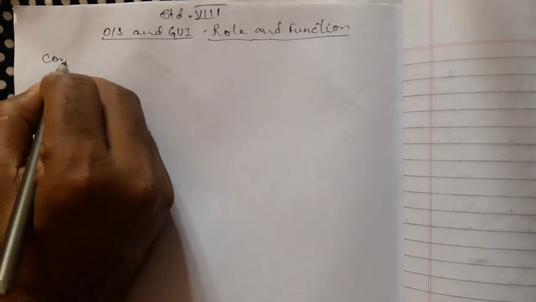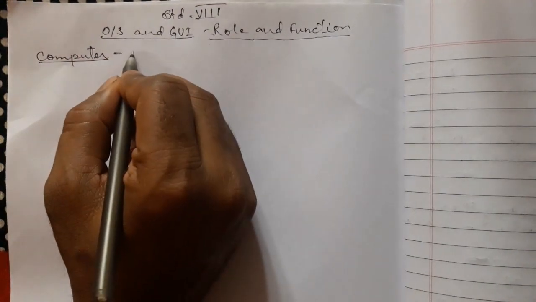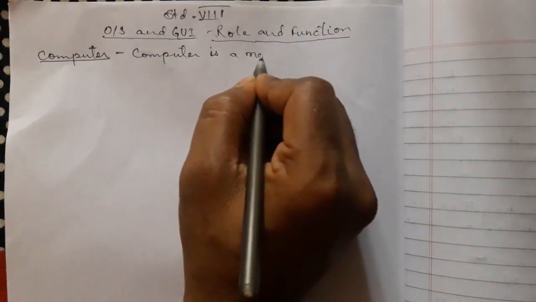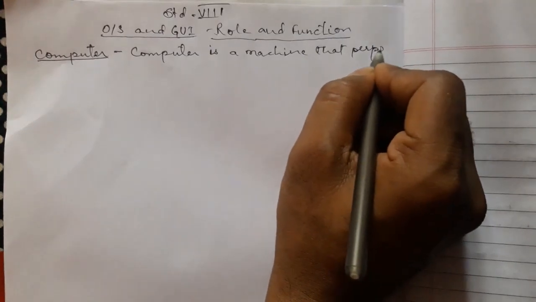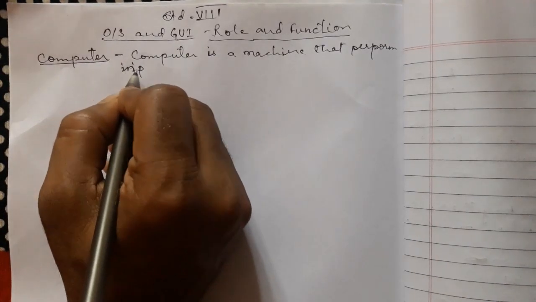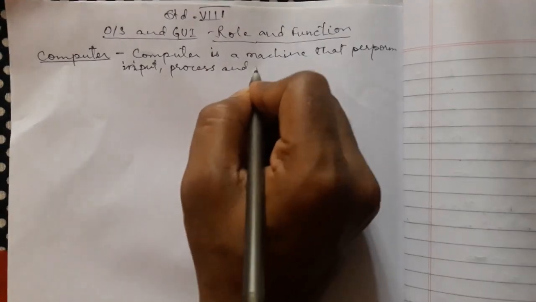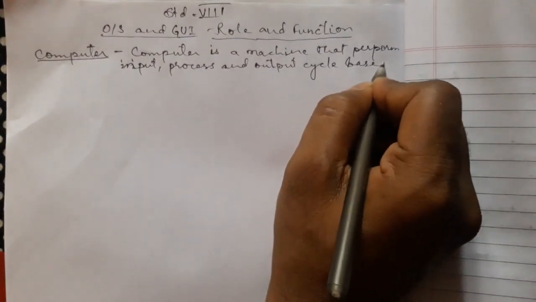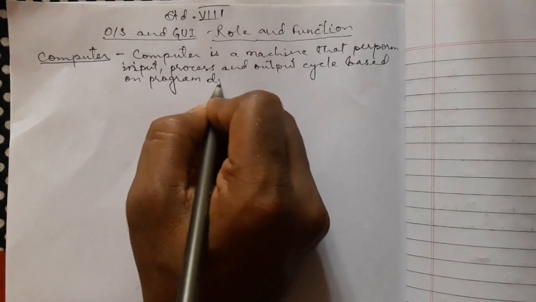Do you know what is computer? Yes, you all know very well that computer is an electronic machine, and we can define the computer like this: computer is a machine that performs input, process and output cycle based on program done in the computer.